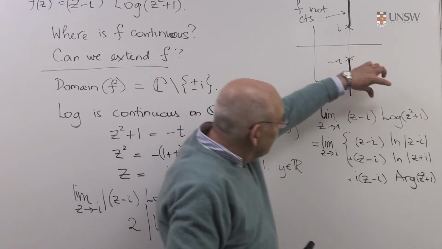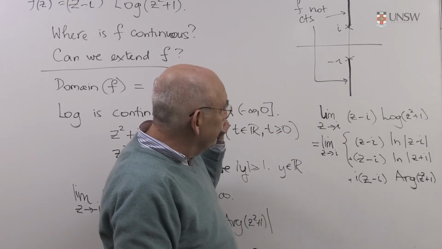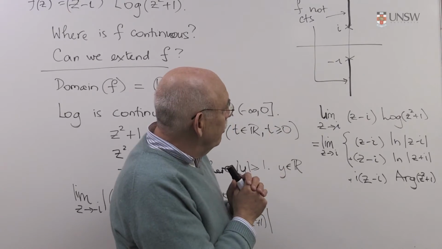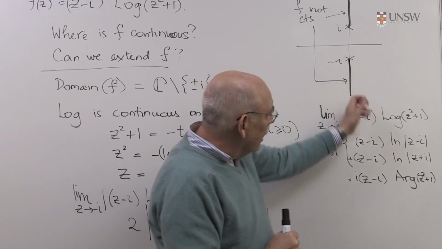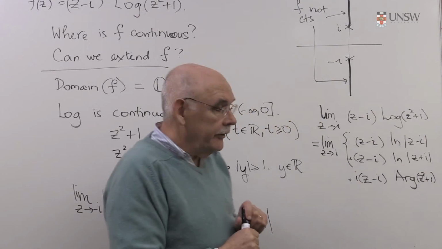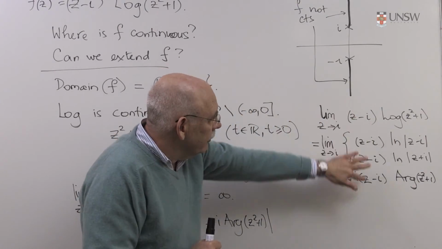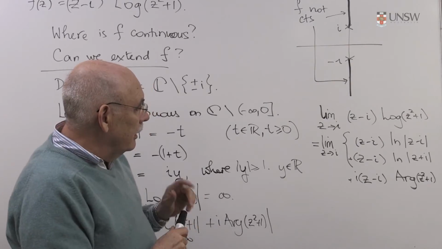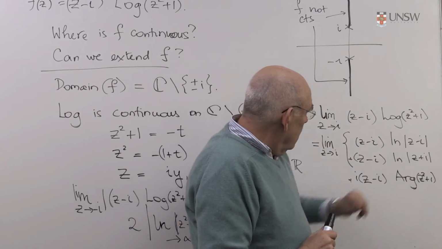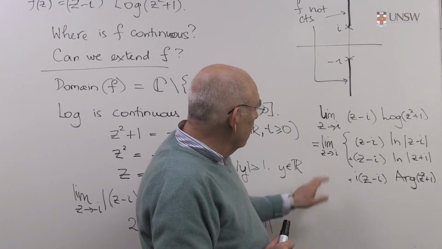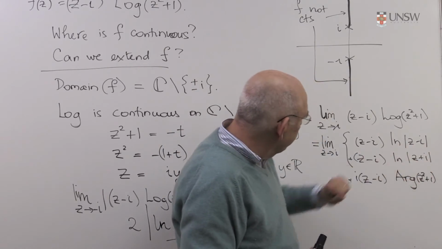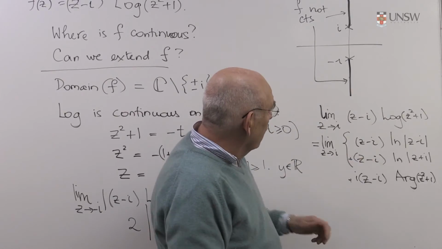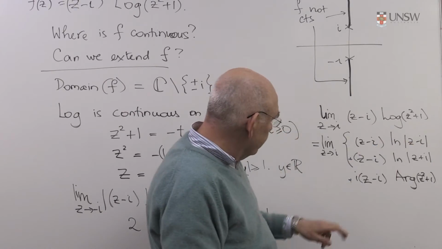So I've taken the log of z² + 1, written it as ln of the modulus of z² + 1, which I can then break up into these two pieces, plus i times the arg of z² + 1. And there is, of course, a z − i in all of these. Now, the second one, as z goes to i, z + i goes to 2i, so this goes to ln of 2, and z − i goes to 0, so this one goes to 0.